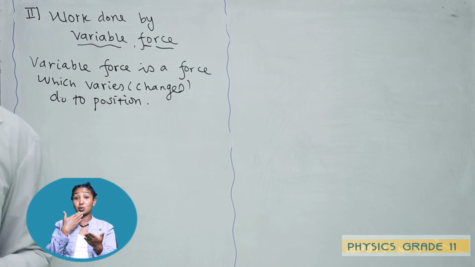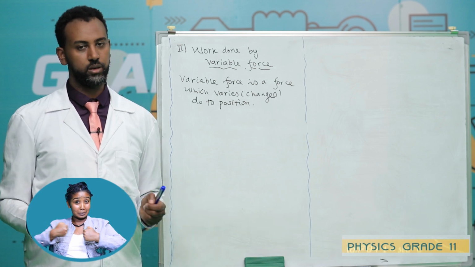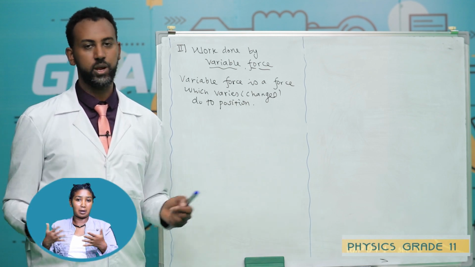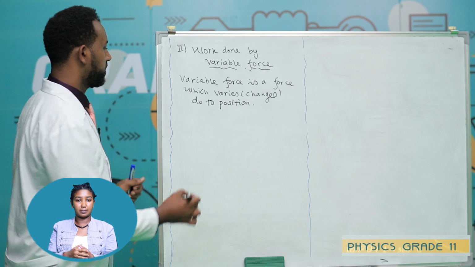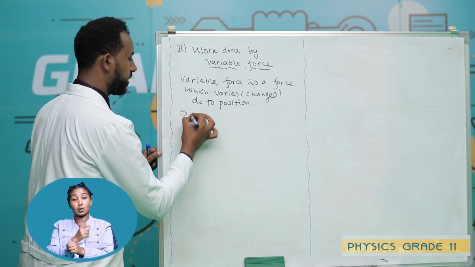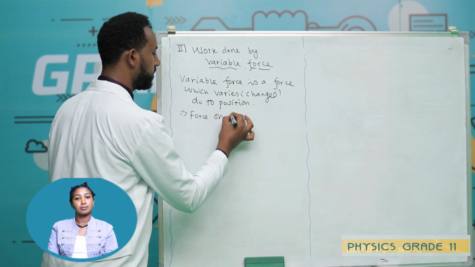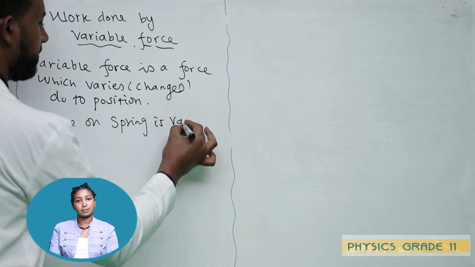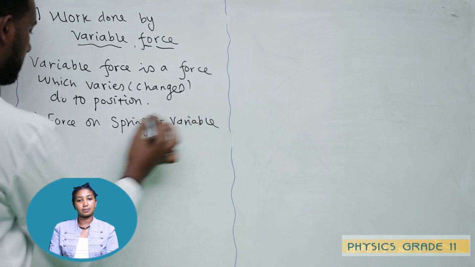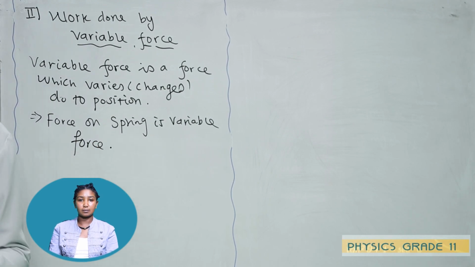One good example is the force exerted on an elastic material, or it can be a spring. One elastic material is a spring. So the force on a spring is a variable force.